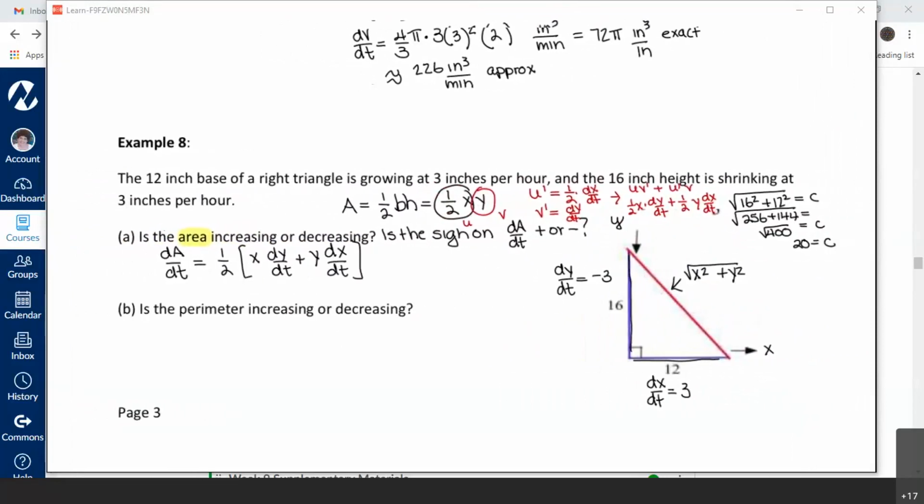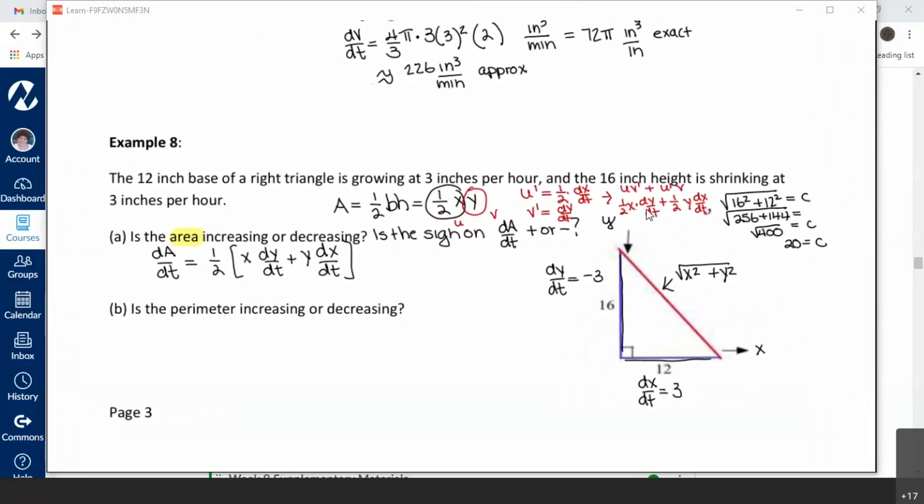All I did was take this result from the product rule, bring it over here, and factor out the 1/2 to make it easier to do arithmetic with. Then all I need to do is plug in my numbers. I have 1/2. x is 12, and the rate of change of y is -3. And then I have my y, which is 16, and the rate of change of x is +3.